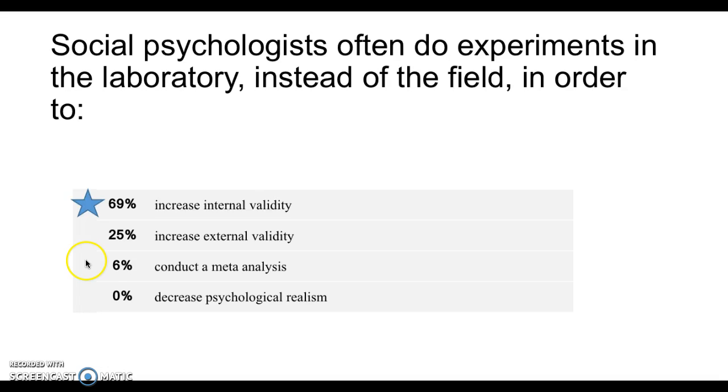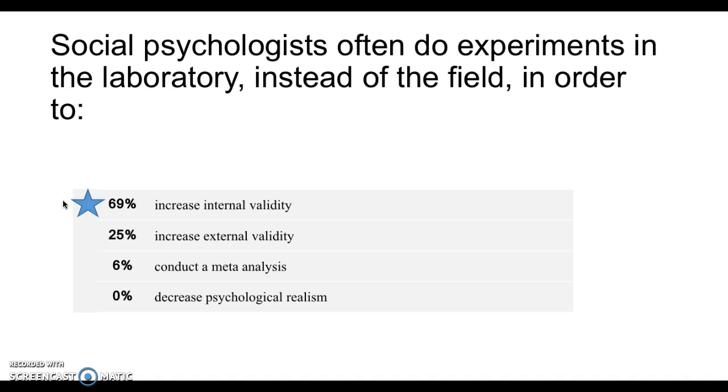So if we're looking at the difference between increasing internal validity and increasing external validity, I always like to remember these as the difference between internal being inside and external being outside. So if I want to increase internal validity, I would need more control in my study.